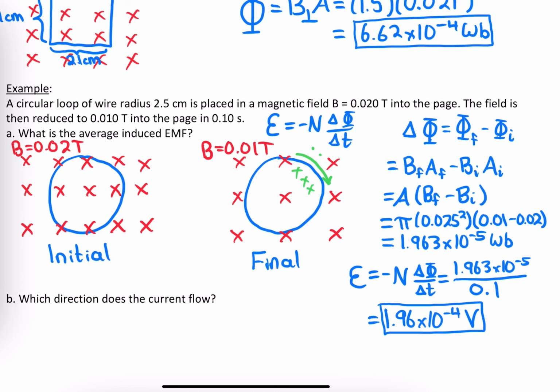So a current going in that direction will create extra X's inside the loop, which helps make up for the fact that I lost so many X's when I went from this magnetic field to this magnetic field. So the current will flow clockwise.